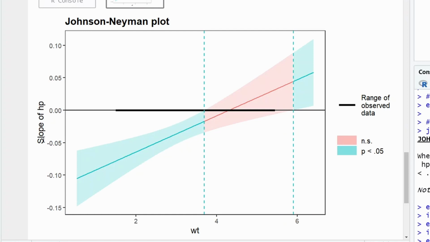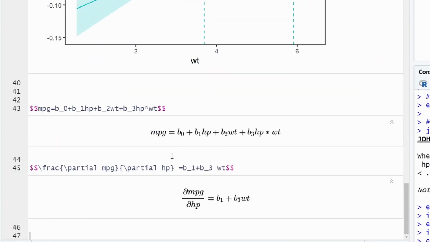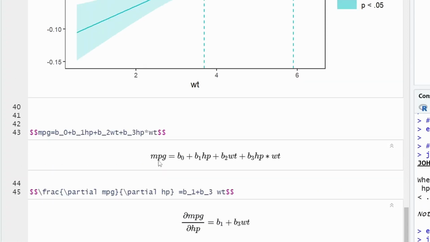As you can notice, the y-axis in this plot is the slope of horsepower, not the mpg. Remember earlier I was talking about the partial derivative part. This is the model we're testing. This is the y, this is the x, this is the moderator, this is x times moderator. And you calculate the partial derivative of y with respect to x, namely here the mpg with respect to horsepower.